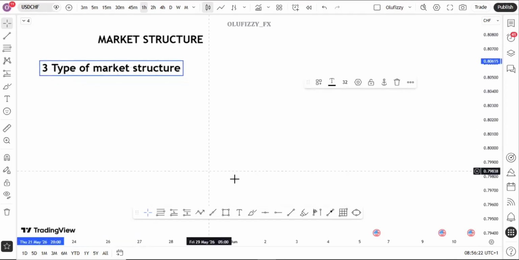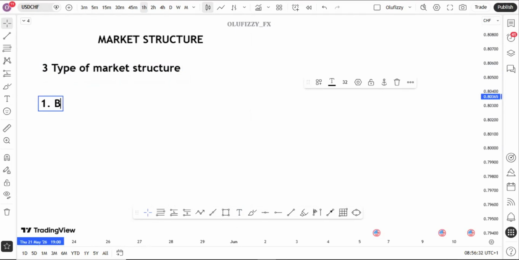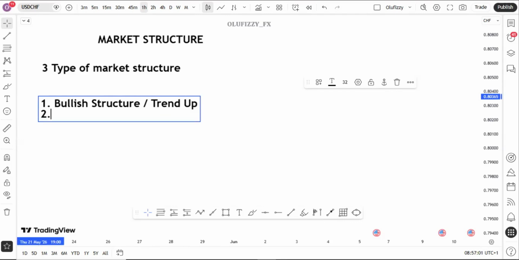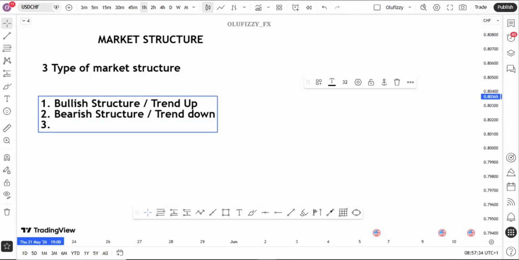The first one is bullish structure, which you can also know as trend up, which means the trend is going to the upside. The second one is bearish market structure, which means trend down, when the trend is going to the downside. The third one is known as sideways market structure.